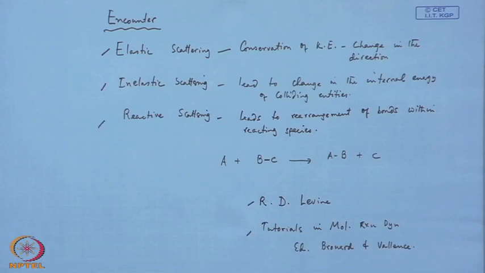Now, we also talked about experimental requirement for selecting velocities. One is this effusive source we may have to use. Maybe in other case it is supersonic nozzle. So with supersonic nozzle we can select different velocities using various carrier gases.